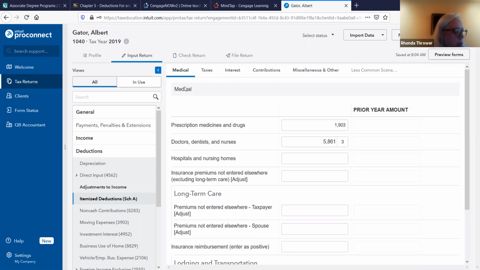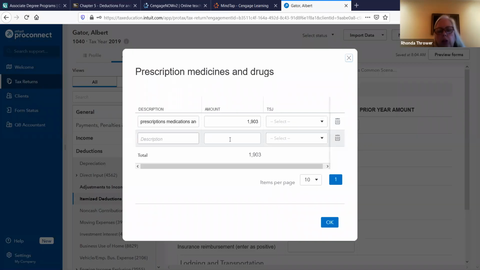In your problem, look through the list to see where you might have some medical deductions. First, we're going to look for prescription medicines and drugs. We do have some, and the total amount is $1903, so I entered that in there. If you had several prescriptions, you could expand and record all your prescriptions here.